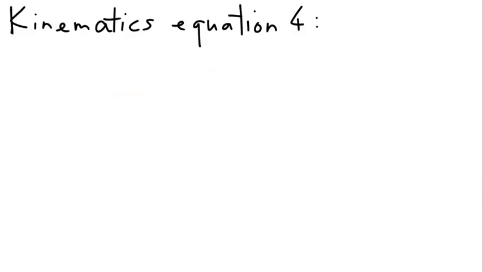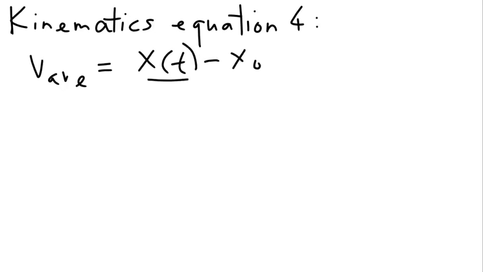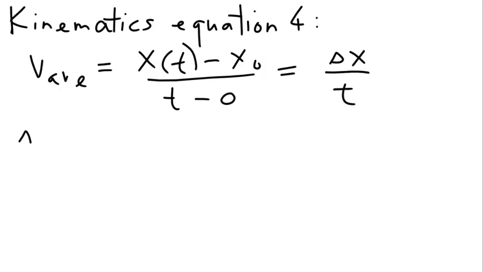The fourth equation is for the average velocity that can be written as the difference in the position x at time t minus the initial position over the time interval between these two points. Now, the numerator can be simply written as delta x because that's what it is. It's delta x over t. But we do know delta x from the second equation can be written as half at squared plus ut.